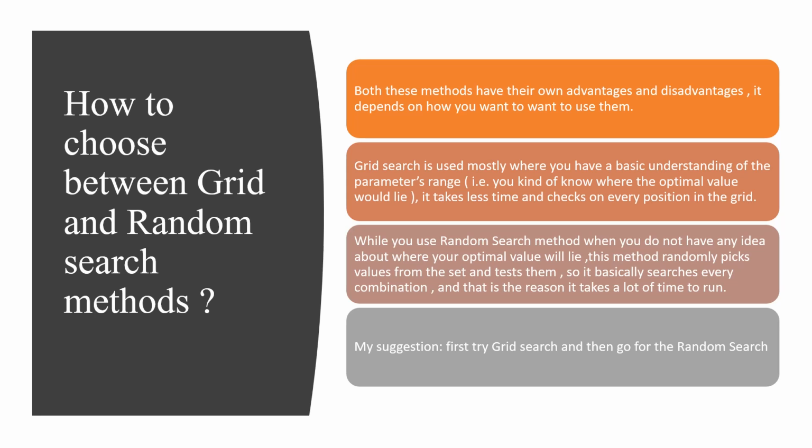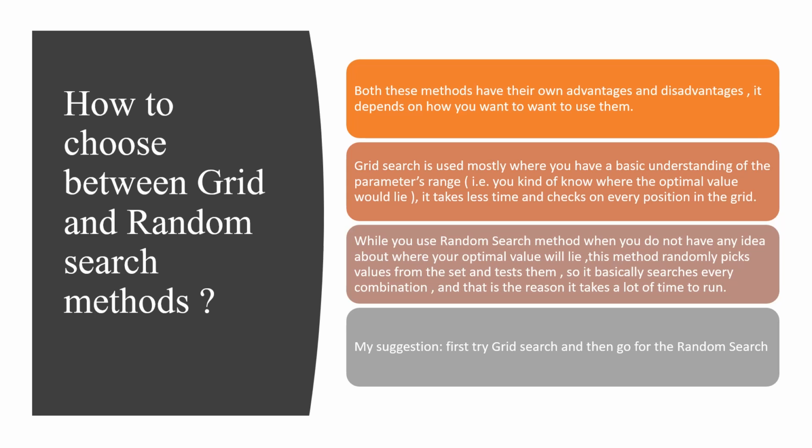While on the other hand, the random search method is when you do not have any idea. You do not know, for example, the value of k in the k nearest neighbors. That's where you give a wider range, and then this method tests each and every one of those values, all those combinations, and then gives you the results.